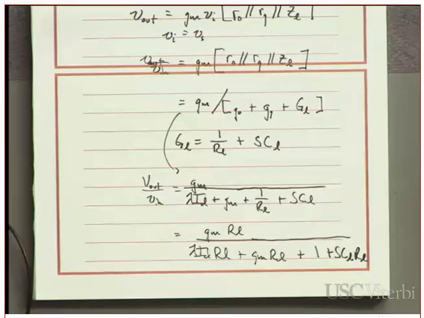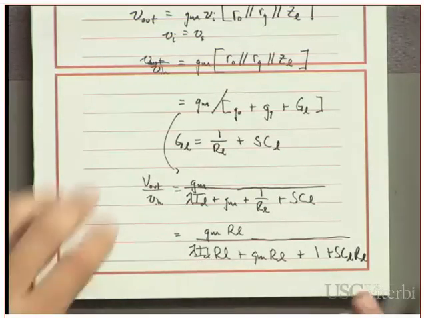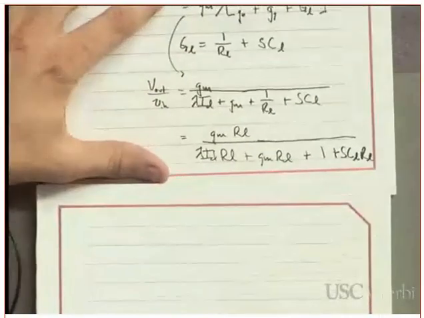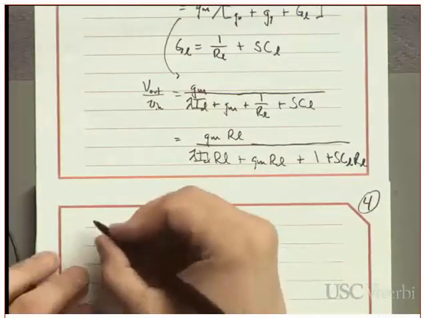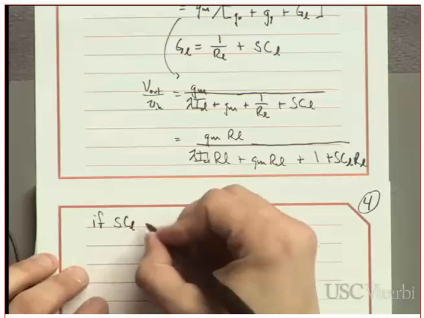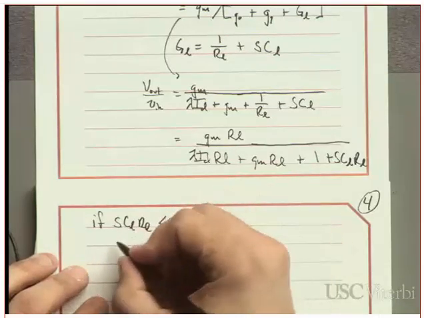But let's go ahead and make an assumption that our frequency is low enough that the term sCL RL is much, much smaller than 1. And that our channel length modulation and Q point current are small enough to make lambda ID RL much, much smaller than 1. Of course I'm going to assume that I can assume those.